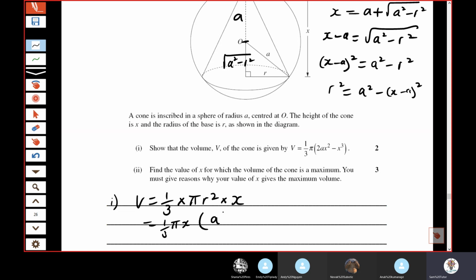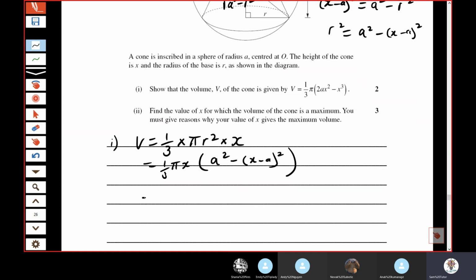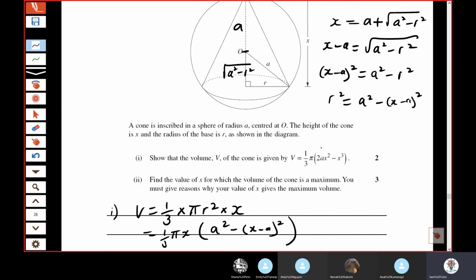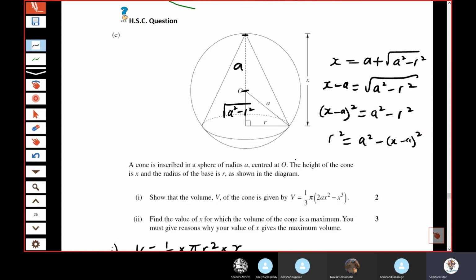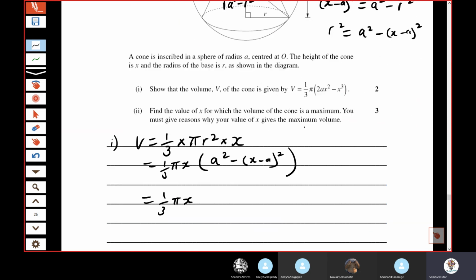R squared. Do we agree? All right, now I think you guys know the rest. See, that wasn't easy. If you didn't know to just start like that, the way I started, to find a relationship for x, you would have never been able to get that out. But that's why I started with that first.